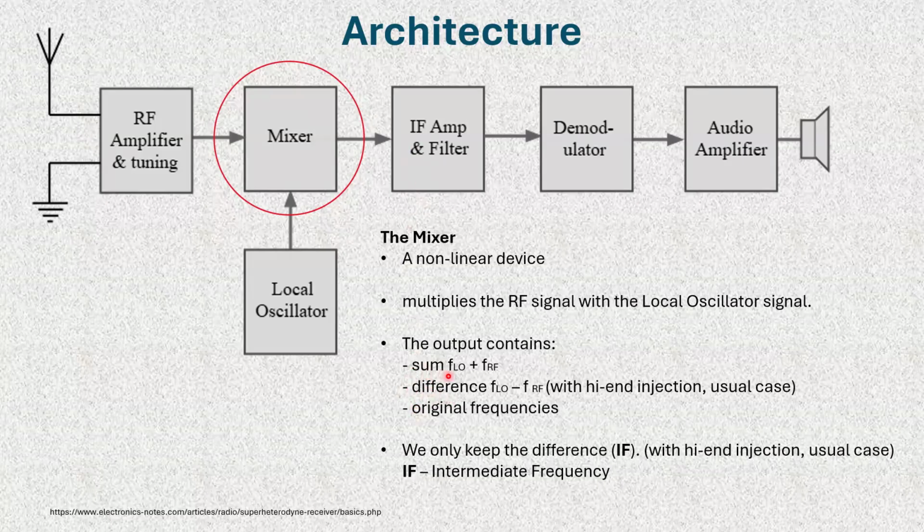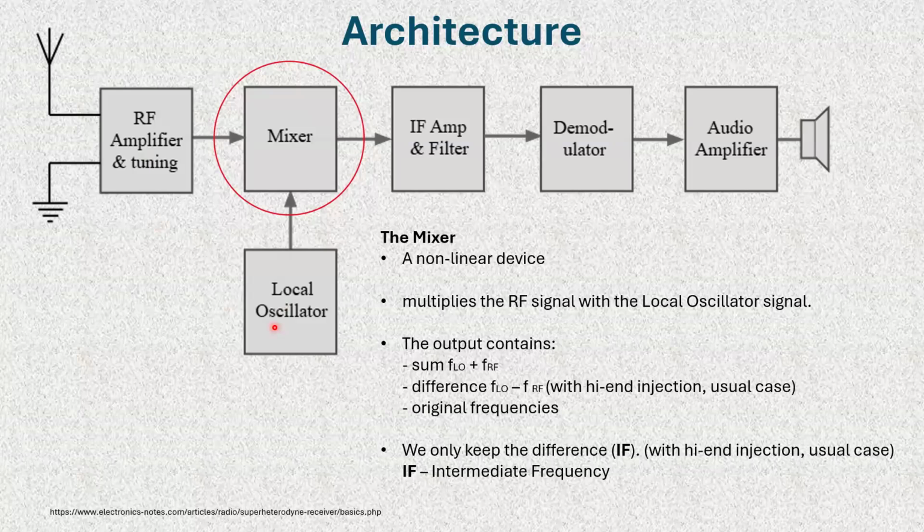So it produces sums and differences with the high-end injection. The local oscillator injects a frequency into the mixer. We're interested in the difference of that. This minus that, right?